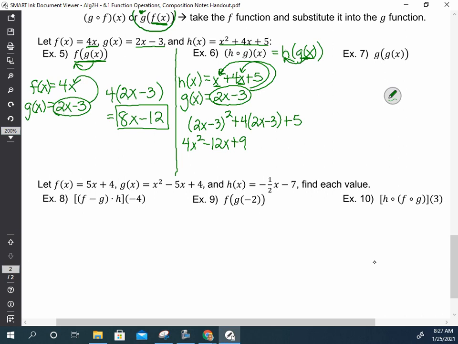4 times 2x minus 3, 8x minus 12, plus 5. So 4x squared minus 4x, negative 3 plus 5, 2.